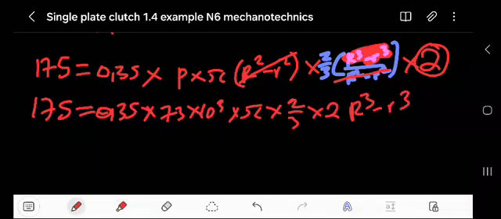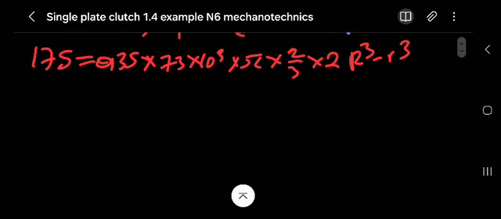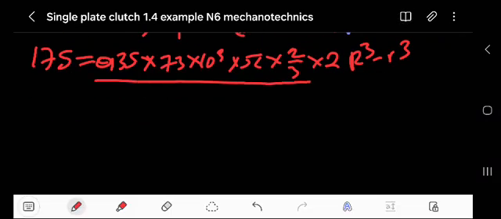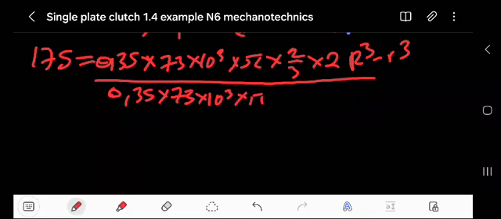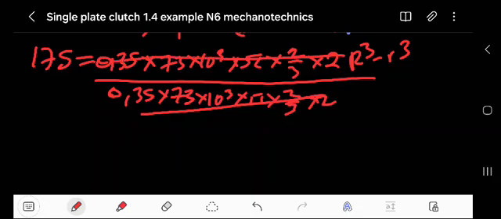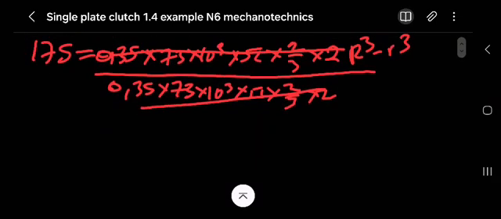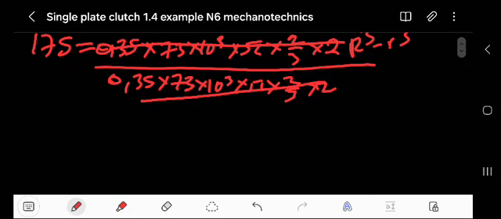So if I can divide by all of this, 0.35 times 73 times 10 to the power of 3 multiplied by pi times 2 over 3 times 2, both sides, right, cancel like that. This side will have 175.